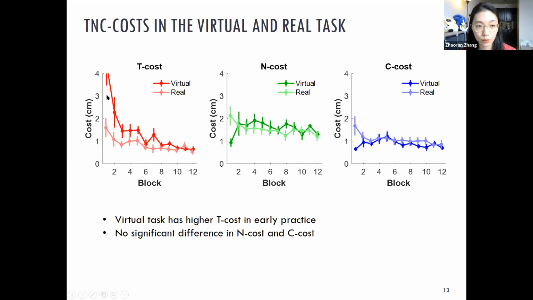So we can suggest that the high performance error at the beginning in the virtual task is mostly induced by the T cost, which means in the virtual environment, subjects need longer time to explore the solution manifold and to find the best strategy.